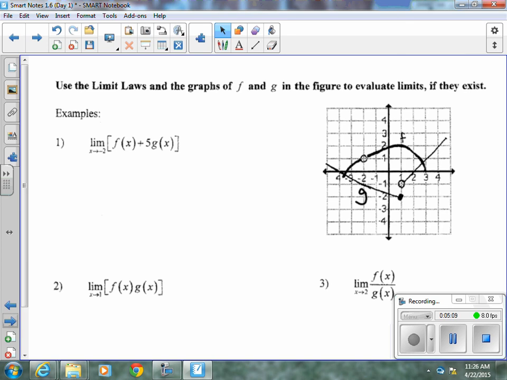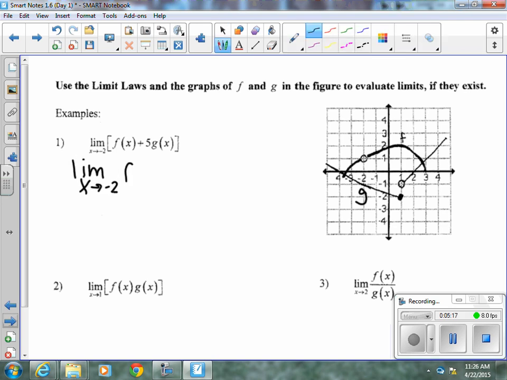We don't know anything about f of x plus 5 times g of x, but we can break this up into the limit as x approaches negative 2 of f of x plus 5 times the limit as x approaches negative 2 of g of x. That 5 can come out front because it is a constant, and you can refer to rule 3 if you need to. When memorizing those rules, just understand them, know how to use them. You don't need to know what number they are.